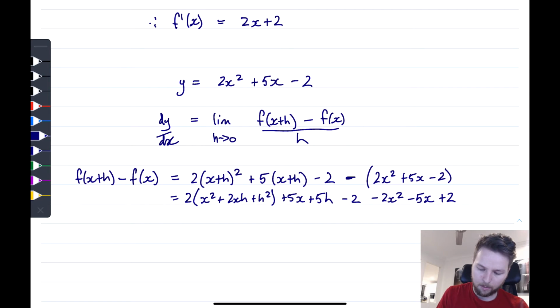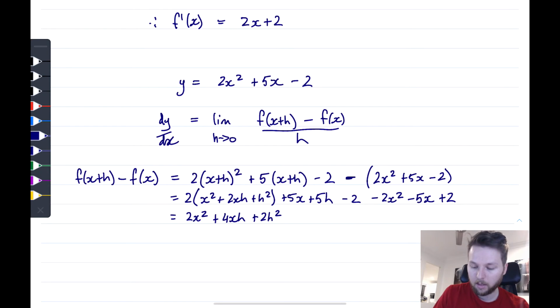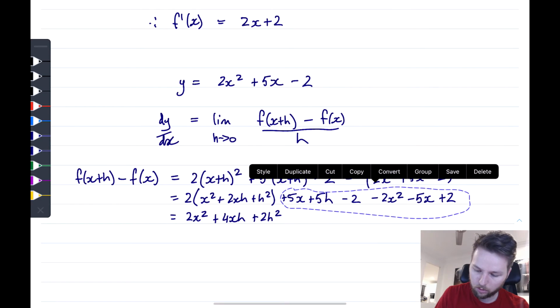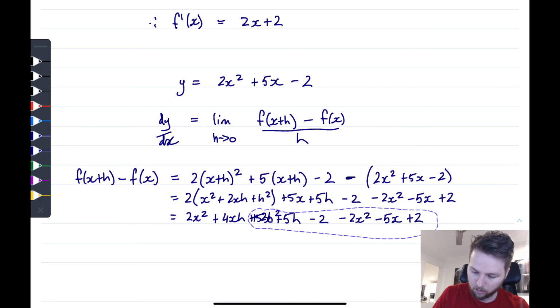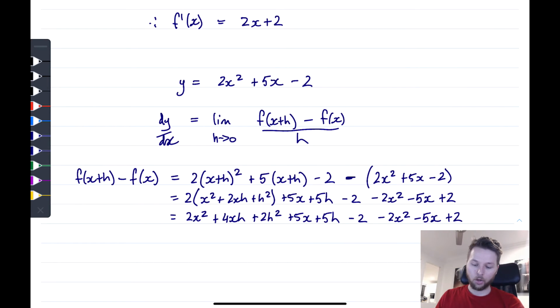One more line, I'm going to expand these brackets now. We're going to have a 2x squared plus 4xh plus 2h squared. Then I'm just going to copy and paste the rest of it because that doesn't change. Like so. Okay, now just like before, we can cancel out some of these terms. They're going to equate to 0.